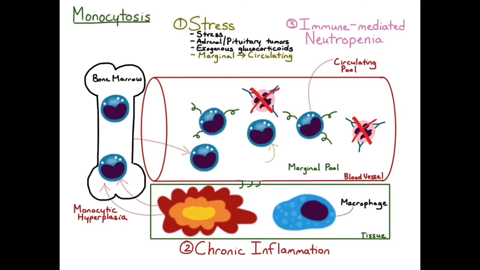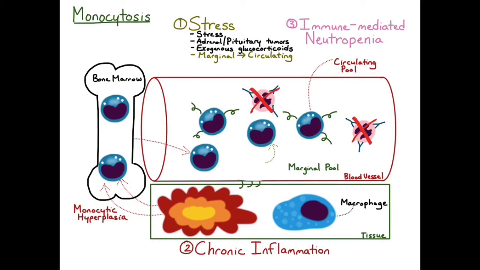Now, in response to that, there is increased production and release of neutrophil stimulating factors, but neutrophils have a common predecessor to monocytes. So monocytes and neutrophils are closely related, and there's a lot of crossover between the stimulating factors for neutrophils and monocytes.